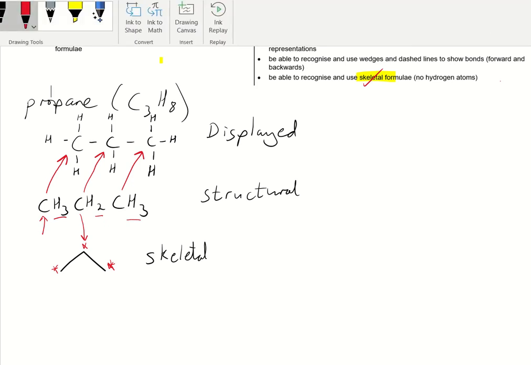So the 3D, obviously you know last year, the tetrahedral basis of carbon.